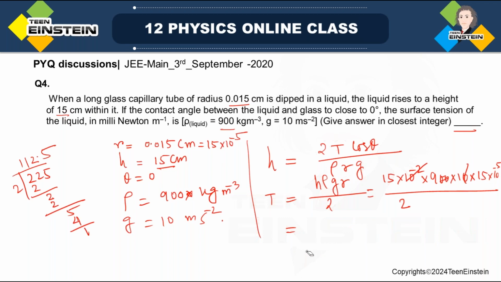I'll just give you the value here. If you do the calculation properly, up to the closest integer you will get nearly 101 millinewton. So this is the value, nearly 101.